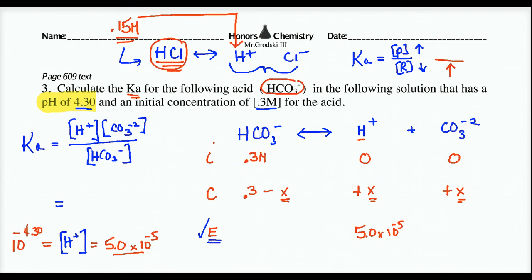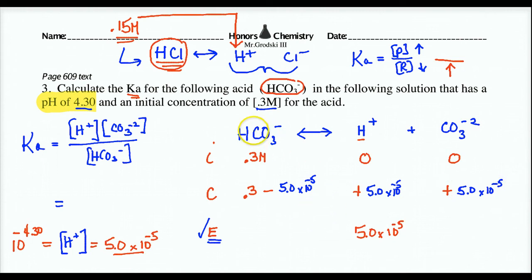My friends, in chemistry, the x is exactly how much was being gone or made. So 0.3 minus 5.0 times 10 to the negative 5. And this is plus 5.0 times 10 to the negative 5. And this is 5.0 times 10 to the negative 5.